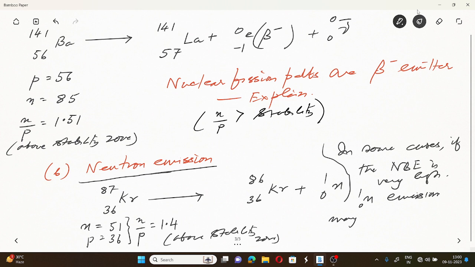In some cases, the nuclear binding energy is very high. Neutron emission may occur only in highly energetic nuclei.